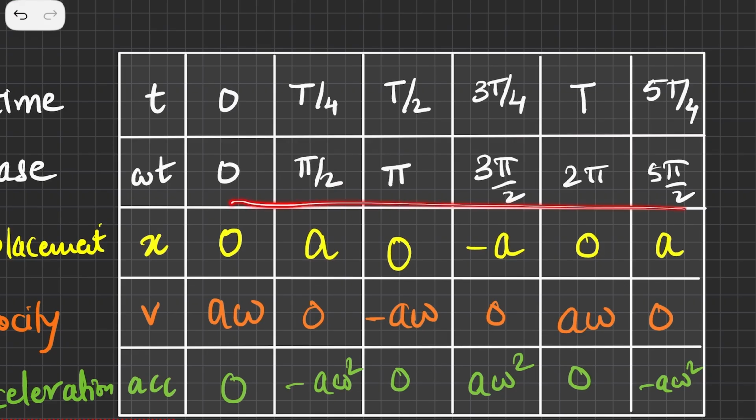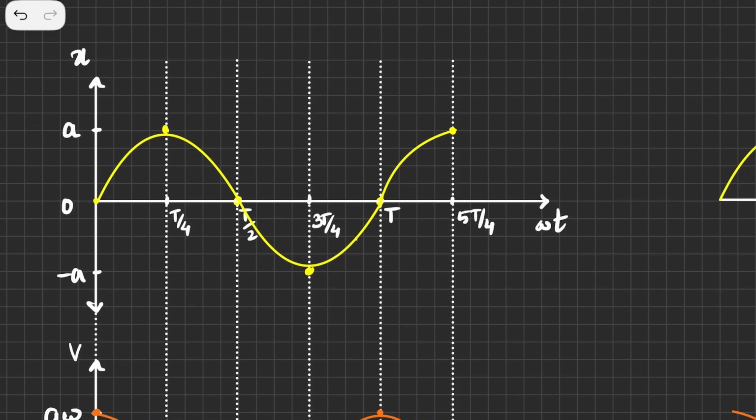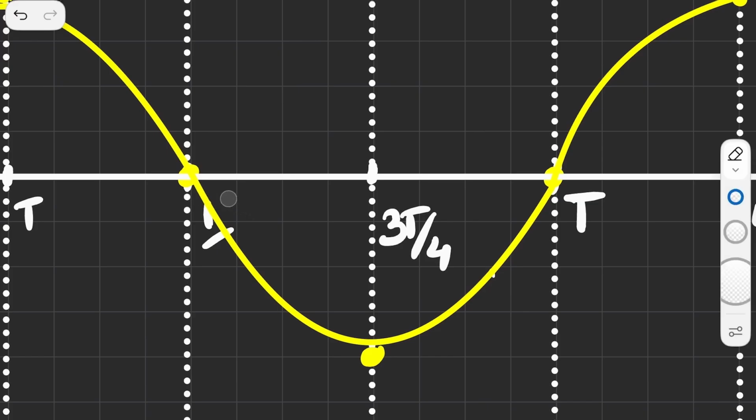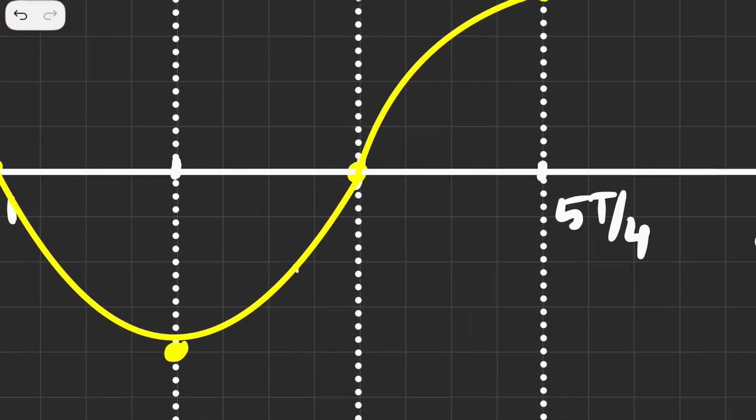So we'll just write this on the x-axis. It would look something like this. I'll just have to erase this first. Okay, so let's see how it works.